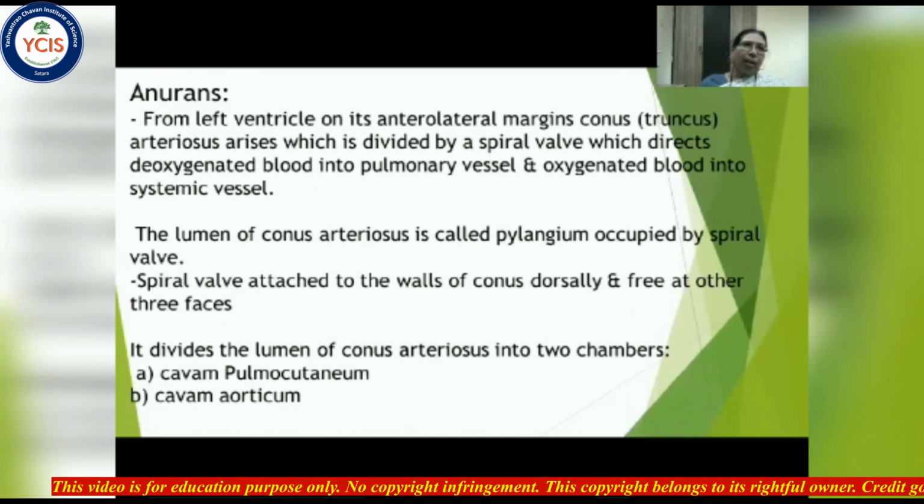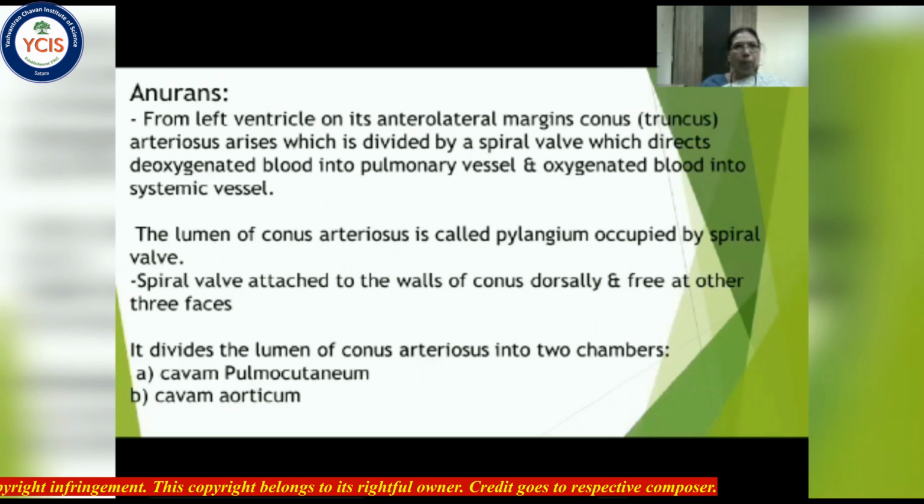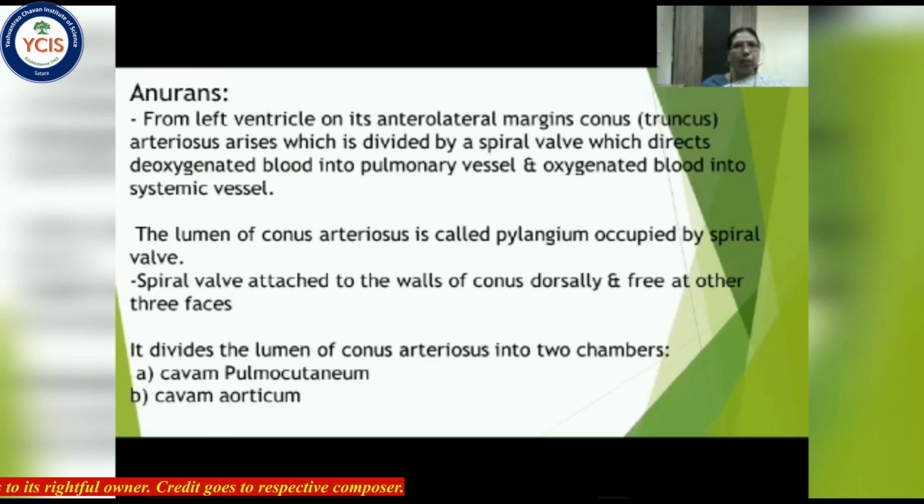In the amphibian order Anura, from the ventricle on its anterolateral margin, the conus arteriosus arises, which is divided by a spiral wall, which directs deoxygenated blood into the pulmonary vessel and oxygenated blood into the systemic vessel.